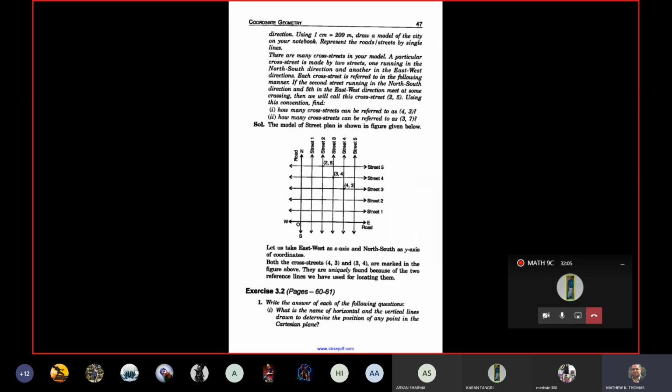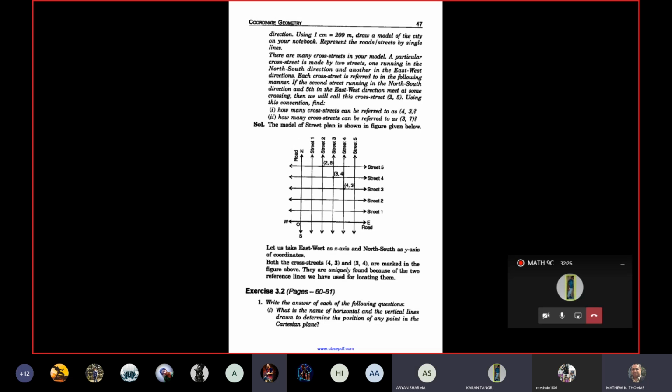Okay, now we go to the second part of the question. Question number 3.2. What is the name of the horizontal and the vertical lines drawn to determine the position of any point in the Cartesian plane? Can anyone answer? What is the name of the horizontal and vertical lines?